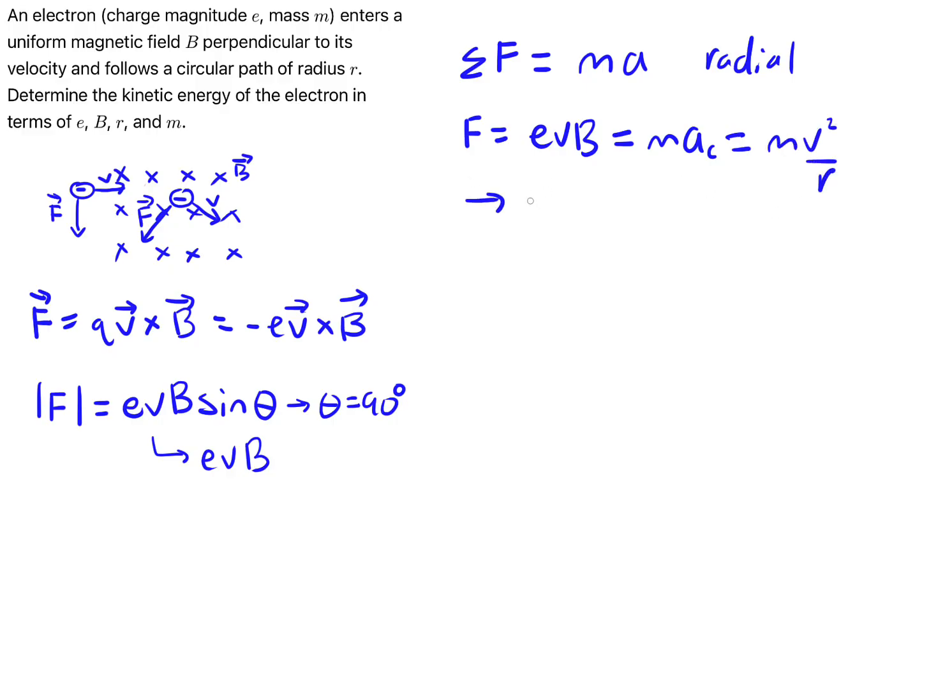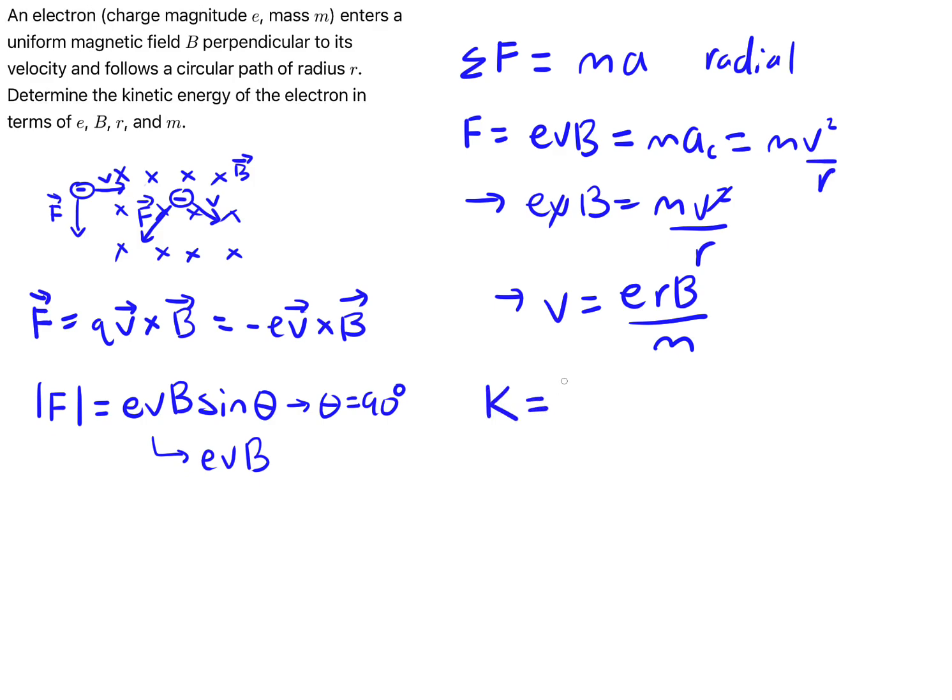This simplifies to this expression here. We want to solve for v, because if we know v, then we can express the kinetic energy in terms of v. If we cancel this out and multiply both sides by r and divide by m, we get that v equals e r B over m.